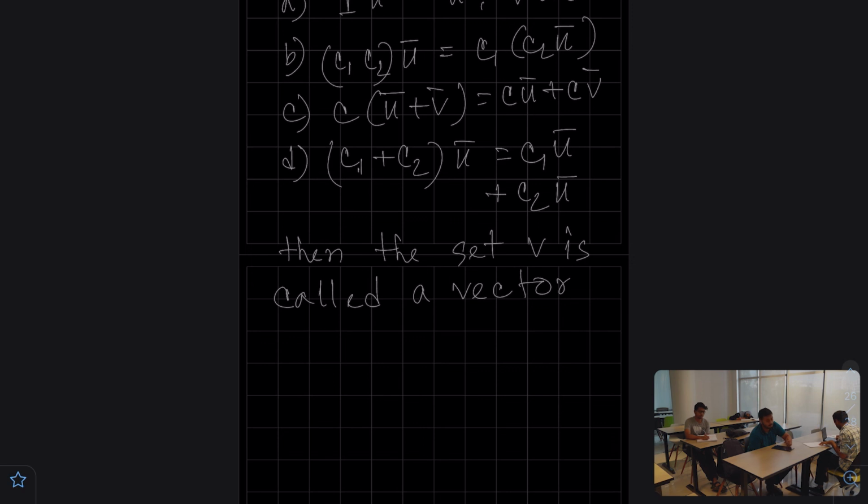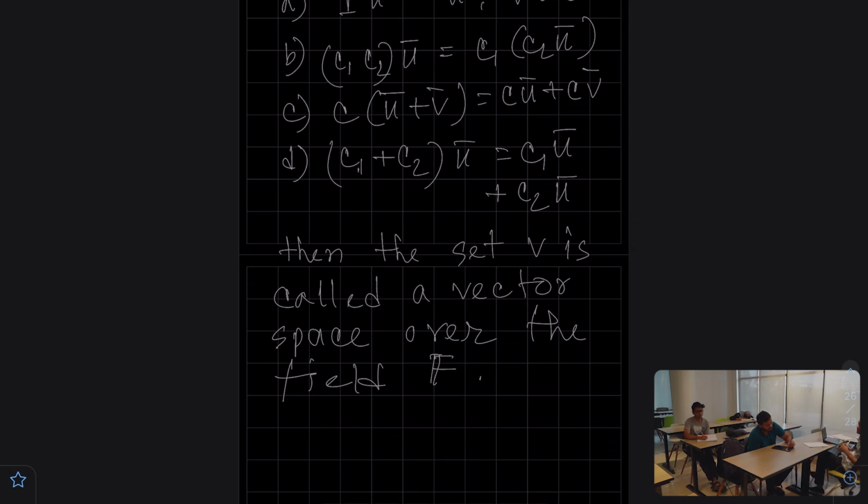If all of these are fulfilled, then the set V is called a vector space over the field F. Okay, so this is the definition of the vector space.